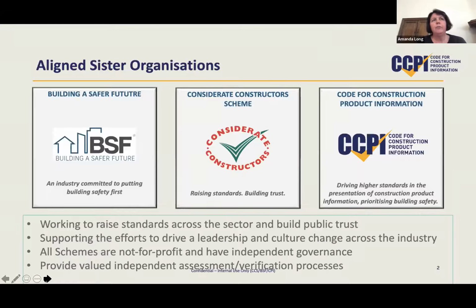And what Dame Judith Hackitt said was, to deliver safer buildings and safer homes, the construction sector needs to urgently change its culture and its leadership. So that's where Building a Safer Future has sprung up from, to answer that for most of the value chain across the built environment sector.